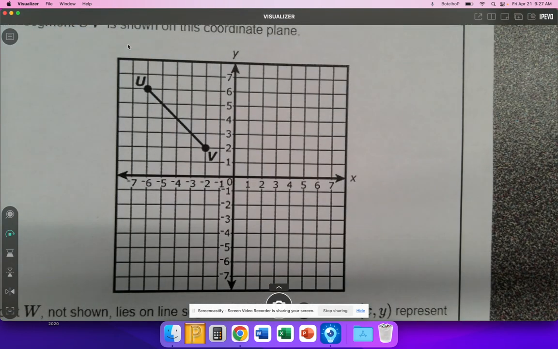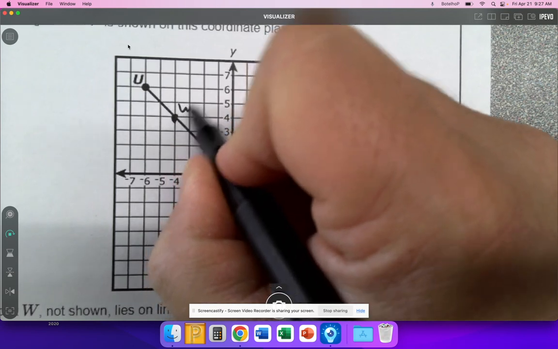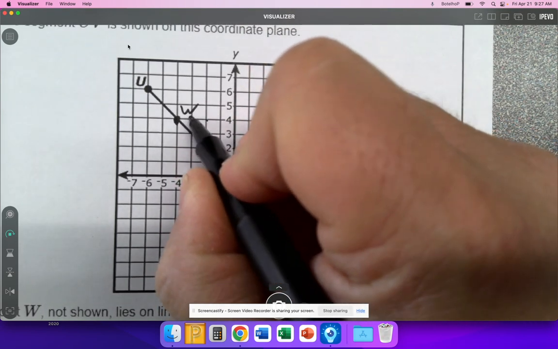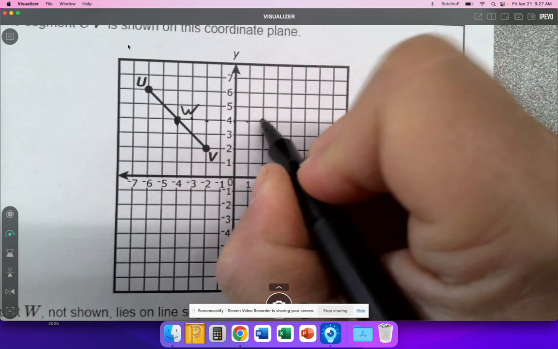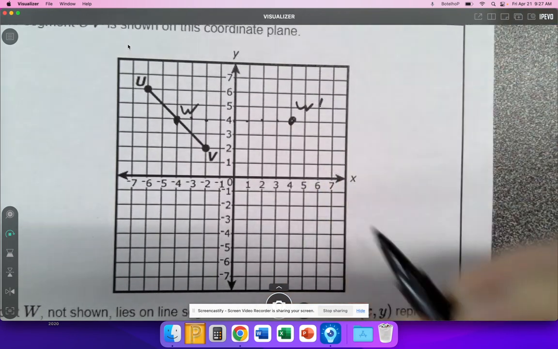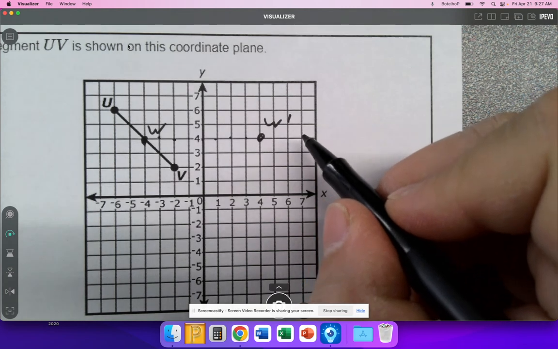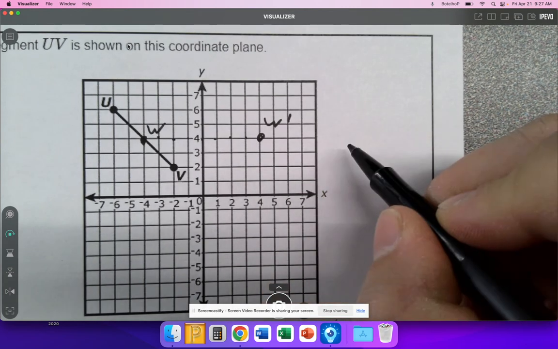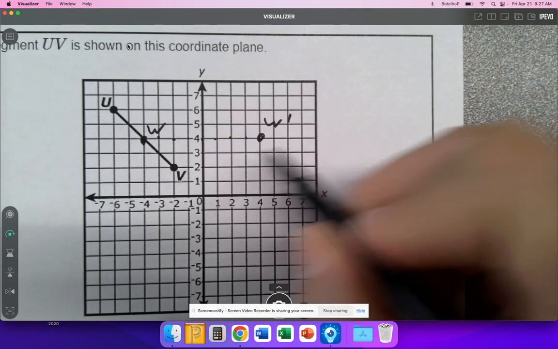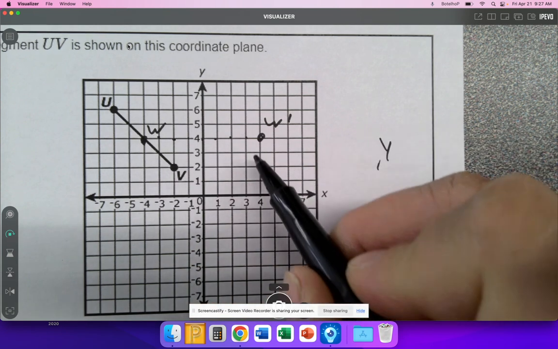So the correct way to do that here would be here. And then this is my imaginary W, 1, 1, 2, 3, 4, 1, 2, 3, 4. W prime. And you remember when we did this, if we reflect over the y, the y does not change. It's still going to be 4.